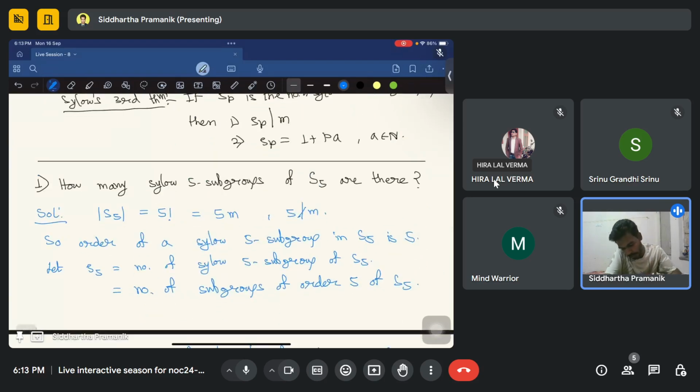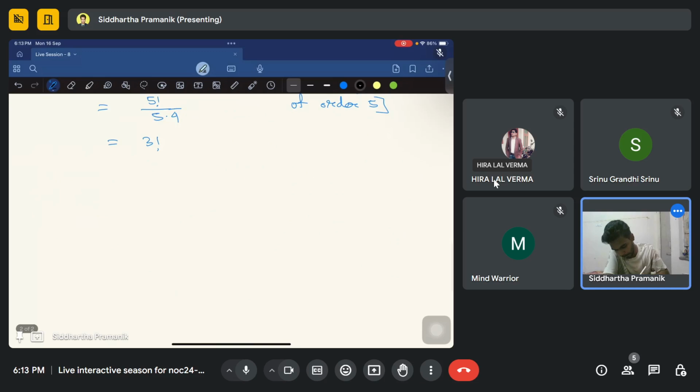So similarly, if I ask, what is the number of Sylow 7 subgroups of S7?